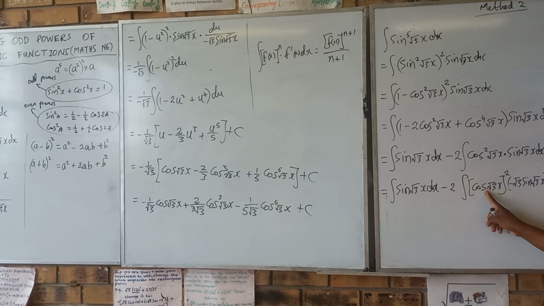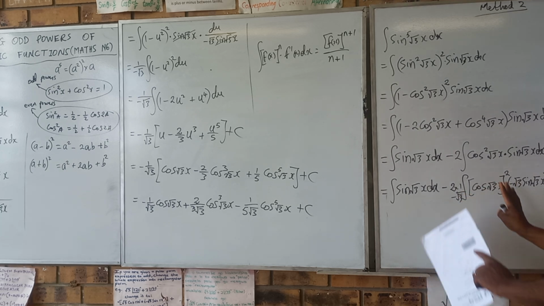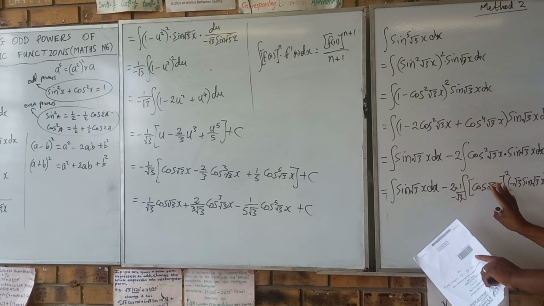I've put my cos root 3x there, its derivative is here, but I must make sure these 2 are still the same. When you compare the 2, you see there's a negative root 3 here that does not appear here, and the only number that can take care of this is to take 1 over negative root 3 outside, so as to balance that. So with this, I'm done with my u substitution already in this part.